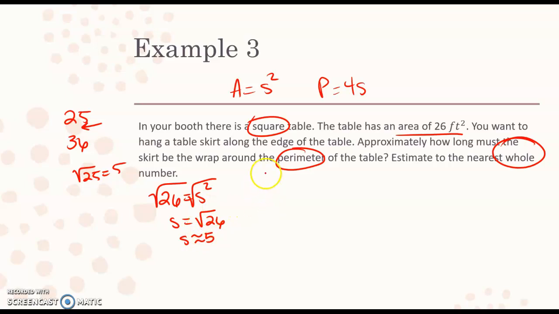From there, I now just plug that into my perimeter. Perimeter equals 4 times our side length, which is 5. And so our perimeter is going to be 20 feet. And so I need approximately 20 feet to wrap the table skirt around the table.